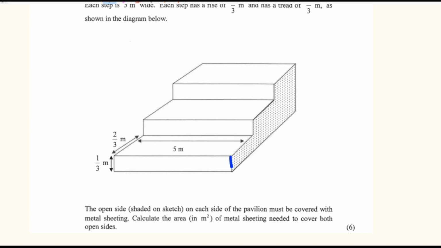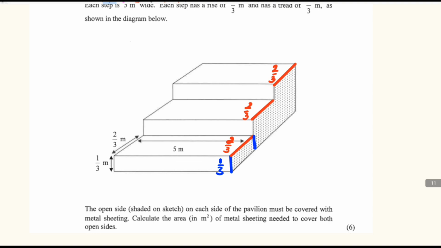We are given that each step has a tread of 2 divided by 3. So even that one will have a tread of 2 divided by 3, and even that third one. So we expect all of them to have a tread of 2 divided by 3.